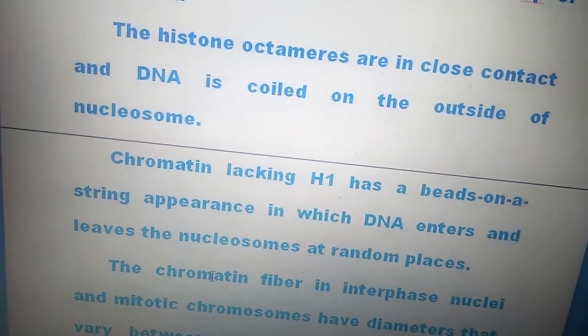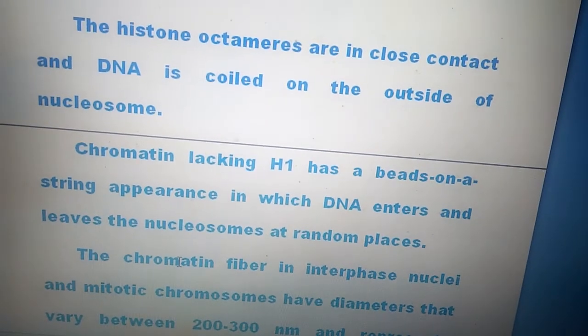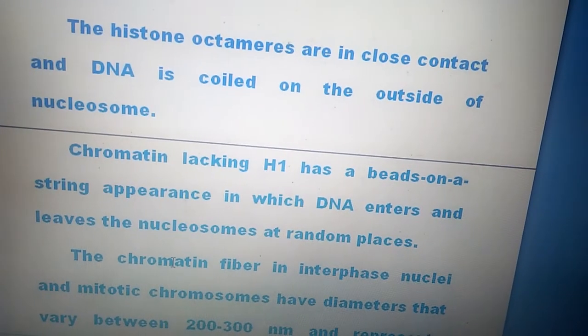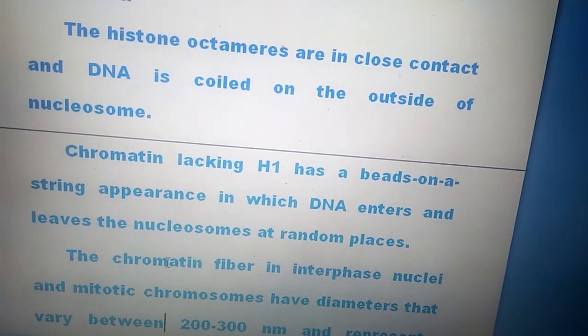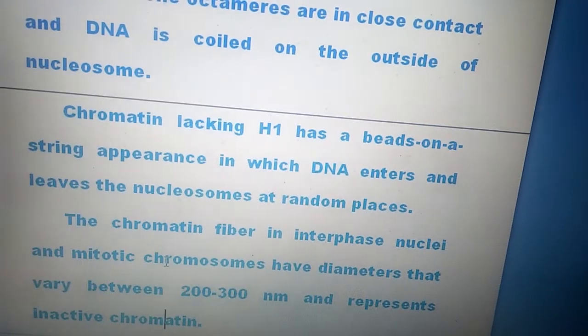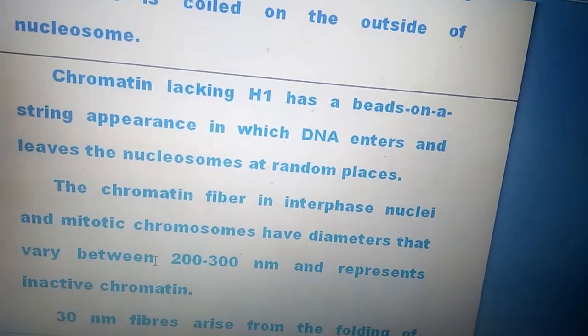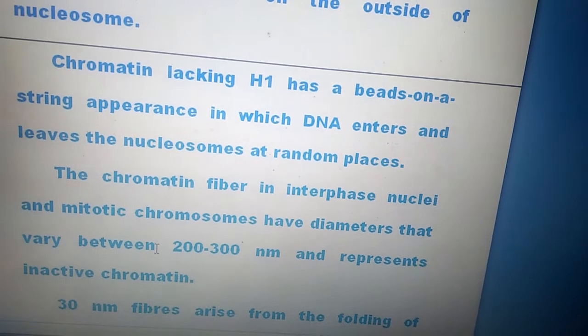Chromatin lacking H1 has a beads-on-a-string appearance, in which DNA ends and leaves the nucleosome at random places.